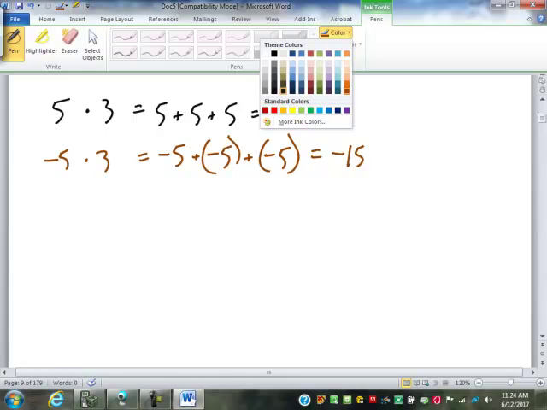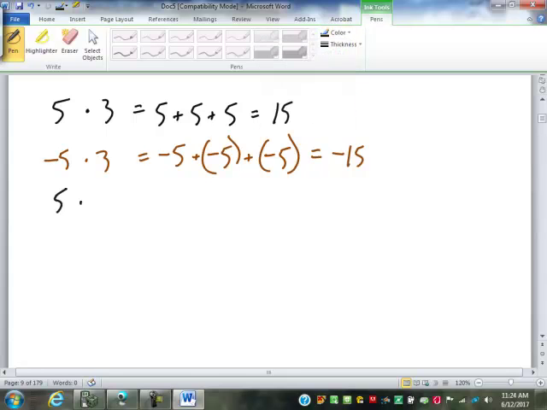We also might have 5 times a negative 3. Now, we don't have to have the multiplication symbol in there. We could just do 5 and negative 3 in parentheses, and it's implied that that's multiplied. Can I take 5 and add it together negative 3 times? Now, that doesn't make any sense, does it? But multiplication is what we call commutative. As long as all we're doing is multiplying, we can switch the order.